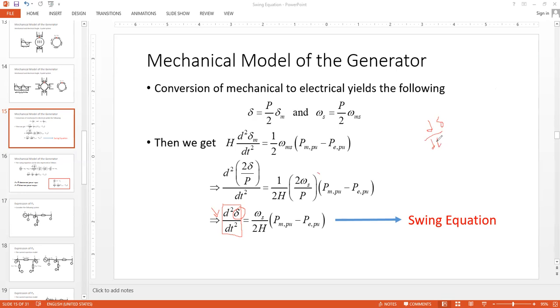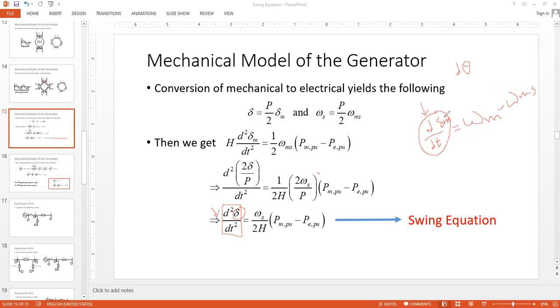Whatever we have discussed till now, have you seen this before in today's lecture? Did we use this earlier before today? What did we write? Omega m minus omega s, and this was delta m. So all these quantities were in the mechanical domain.